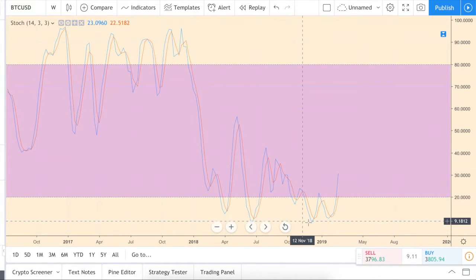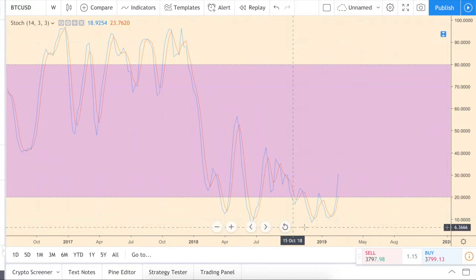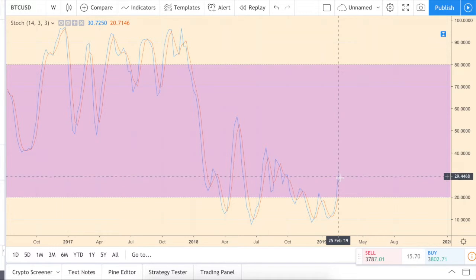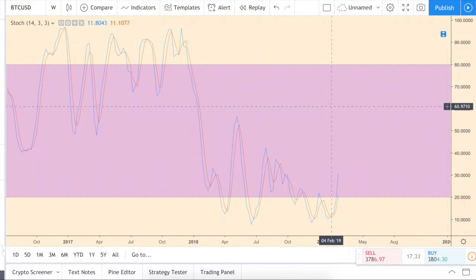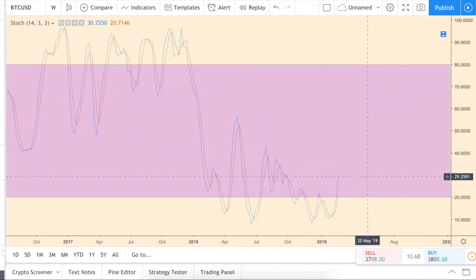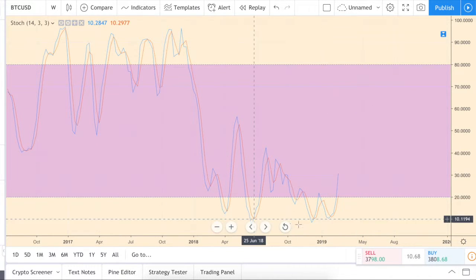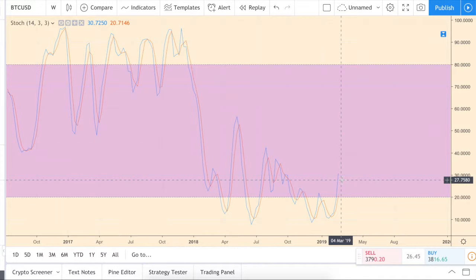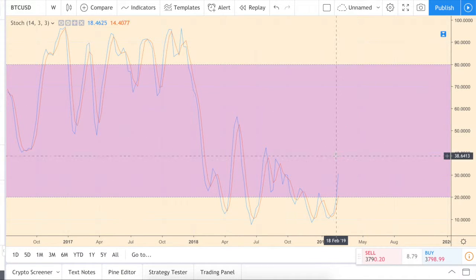It seems like at this point we had the reversal of the trend, and we still have this blue line above the red line, and we are entering this purple territory, which is in principle a neutral market.